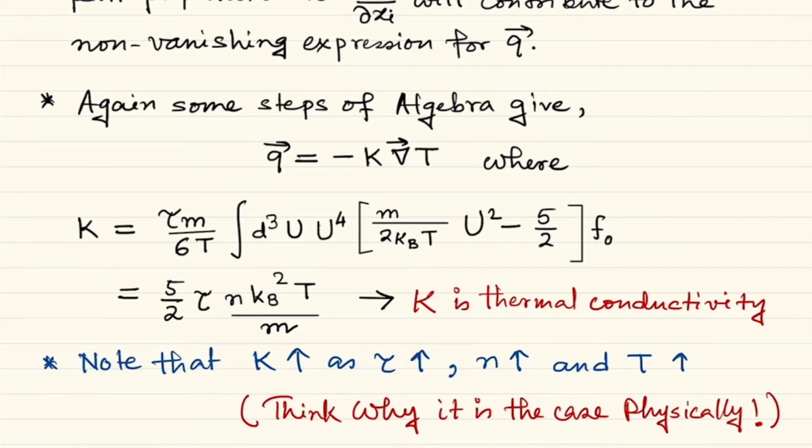So if in a system we don't change the temperature, we don't change the density, but we simply say that the collisionality becomes weaker and weaker, then strangely the thermal conductivity increases.